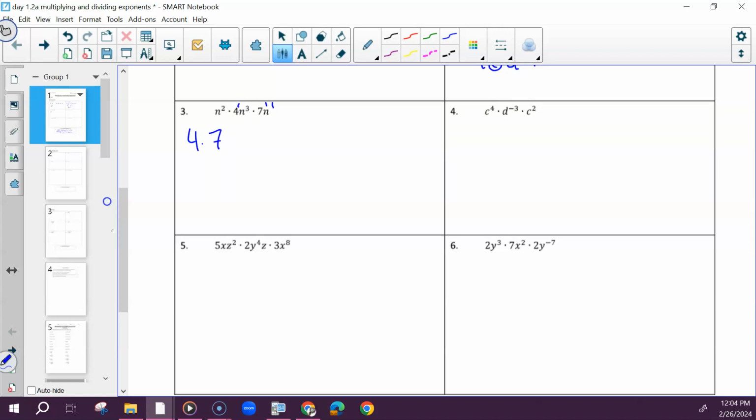We would be adding 2 plus 3 plus 1. And then just multiply 4 and 7. What other ones do we want to see from this page? 6.